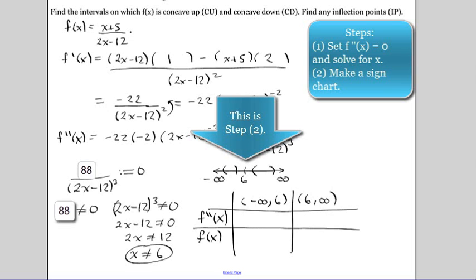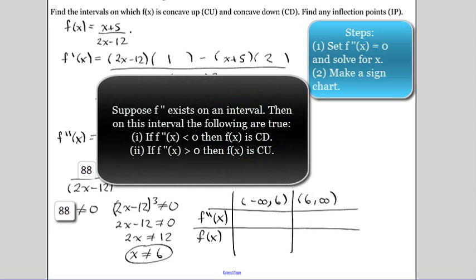Underneath negative infinity to 6, we want to pick a number that lies in that interval and plug it into the second derivative, and determine the sign of that answer. Remember that if the second derivative is negative at some value in that interval, then our function is concave down. And if it's positive, then concave up.